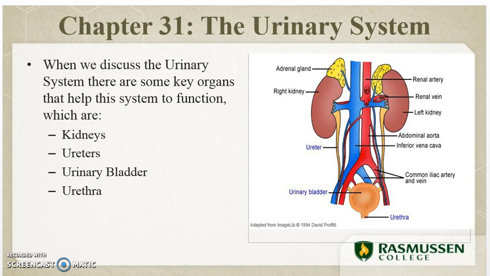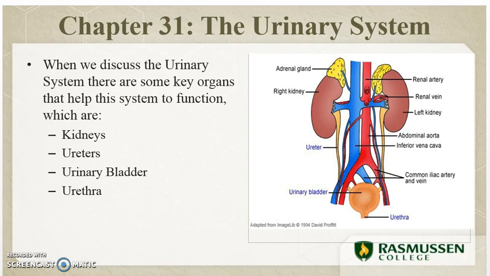Your kidneys are two bean-shaped organs located at the back of your abdominal cavity. The kidney has both an external and an internal part. The external structure of the kidney is called the hilum, and this is the opening for the ureter, which connects to the renal pelvis that then collects urine.